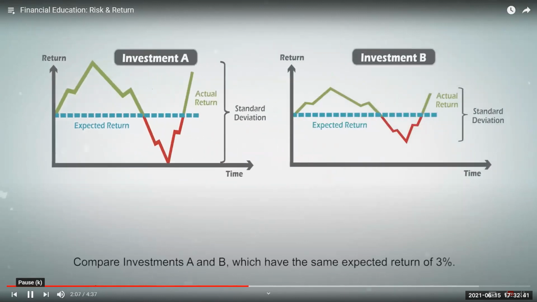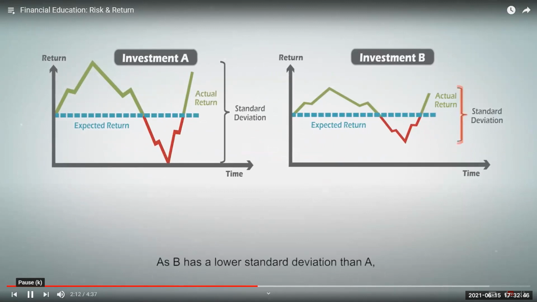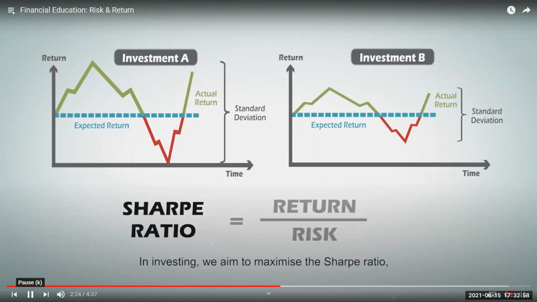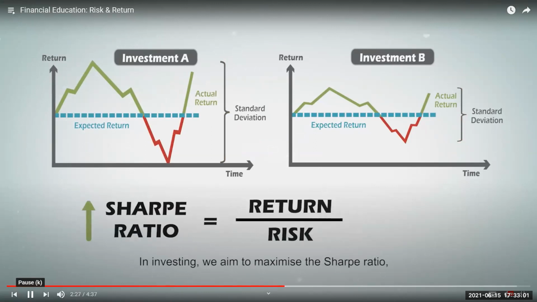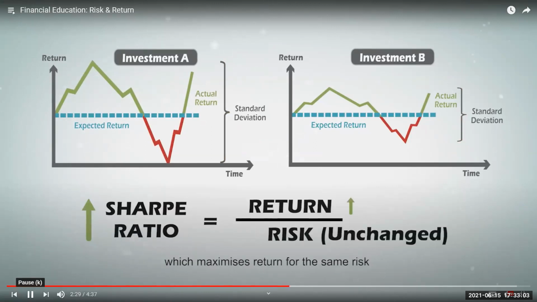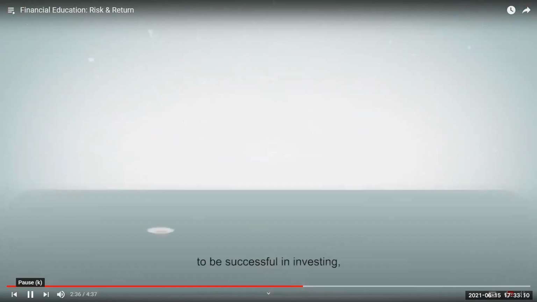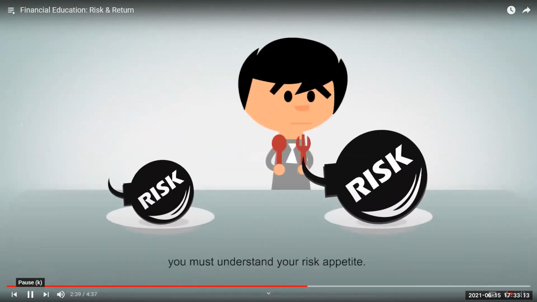Compare investments A and B, which have the same expected return of 3%. As B has a lower standard deviation than A, it will give a higher return to volatility ratio known as the Sharpe ratio. In investing, we aim to maximize the Sharpe ratio, which maximizes return for the same risk or minimizes risk for the same return. Further, to be successful in investing, you must understand your risk appetite.